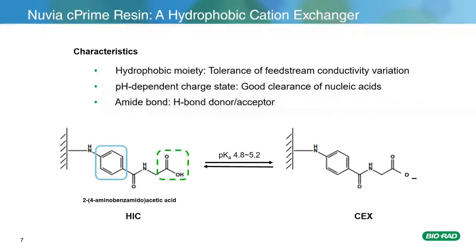When the buffer pH is below 5, the Nuvia cPrime ligands are in their protonated form and appear uncharged. The resin would behave like a typical HIC media. At pH higher than 5, the carboxyl groups will be ionized and electrostatic interactions become dominant. We can use the resin just like a cation exchanger.